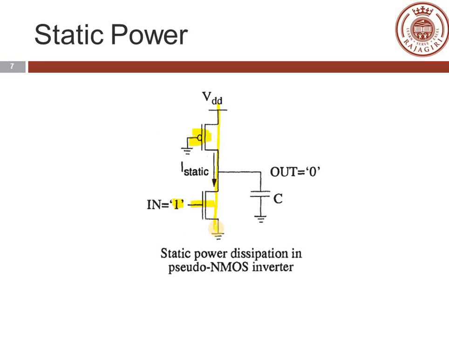So for normal low power VLSI chips, this pseudo-NMOS type of circuit should be avoided. We'll see what the applications of pseudo-NMOS circuits are, where it can be used and where it can't be used.